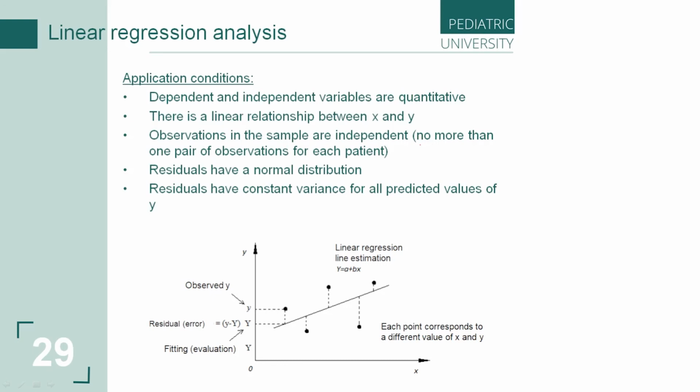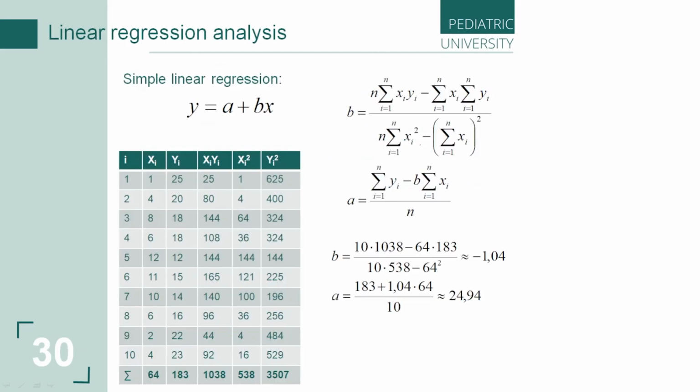So, again, let's see an example for a better understanding of linear regression analysis. Our same sample, where the x value is the child's age in months and the y value is the number of urinations per day. Let's build our function.